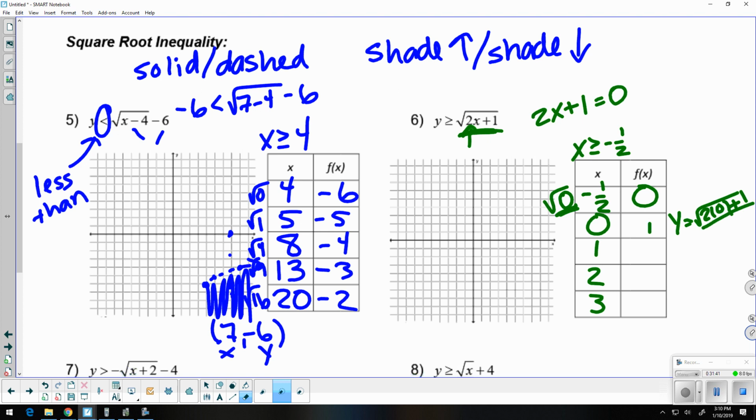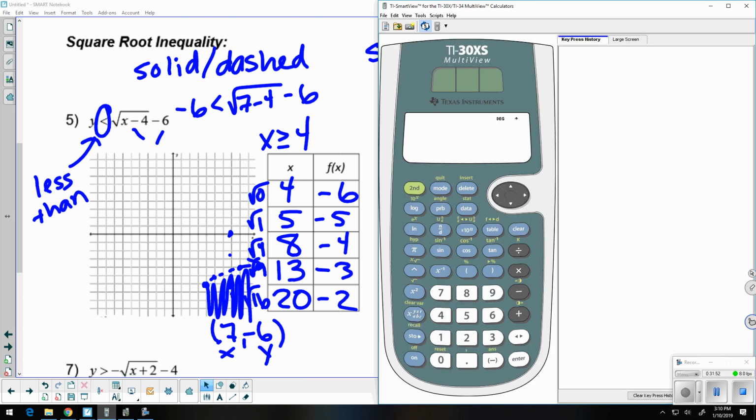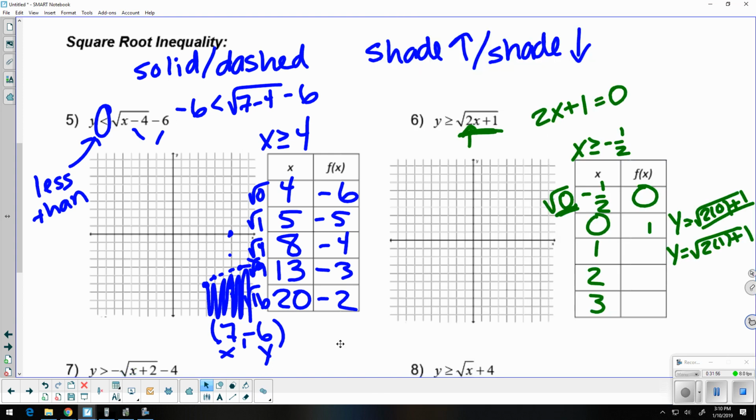Now plug in the next one. If I plug in 1 for x, we're doing the square root of 2 times 1 plus 1. Well, 2 times 1 is 2, 2 plus 1 is 3, so now I'm taking the square root of 3. Again, if you need to, use your calculator. It's about 1.7. Now plug in 2 for x, so y is going to be equal to the square root of 2 times 2 plus 1. So 4 plus 1 is 5.